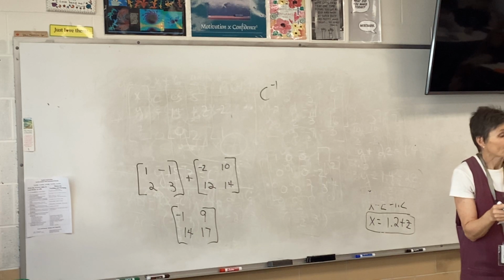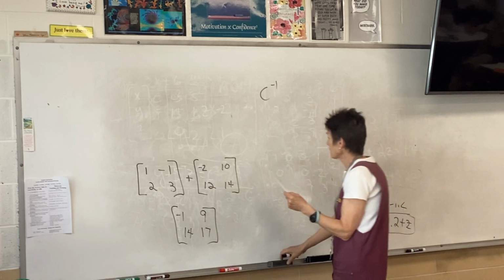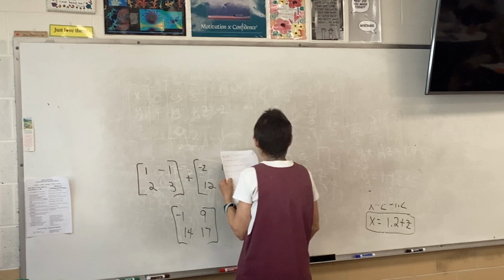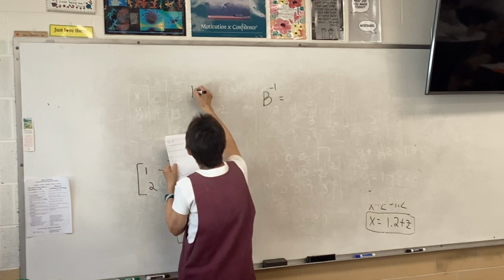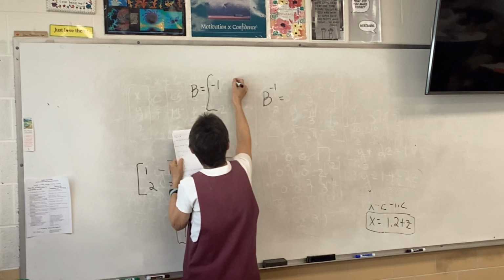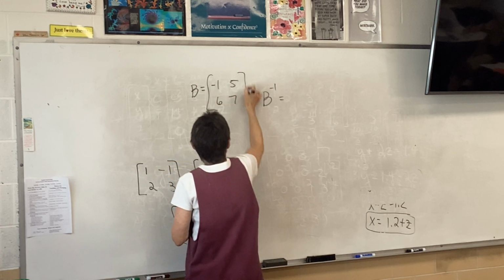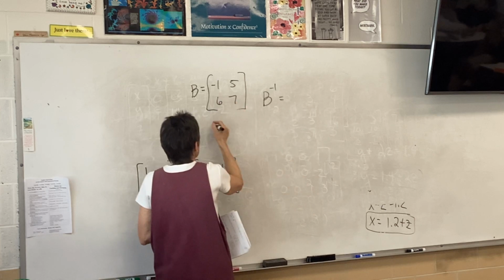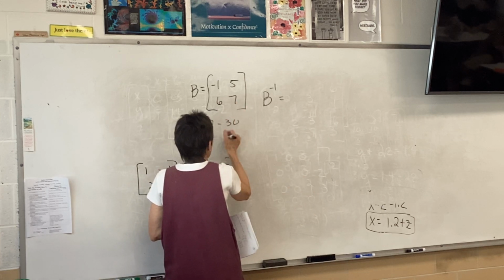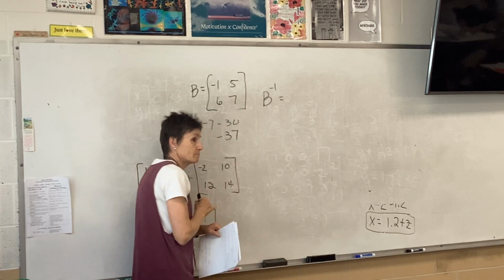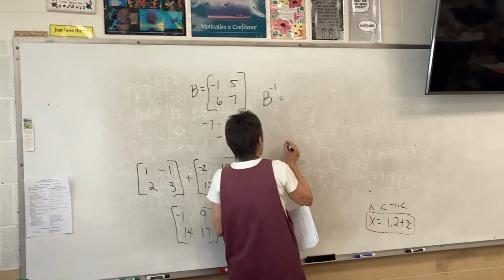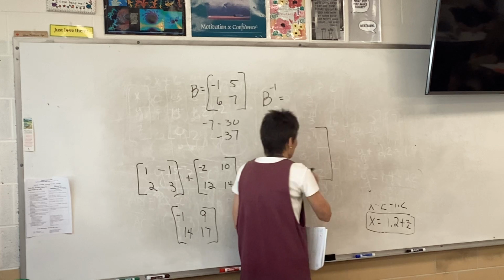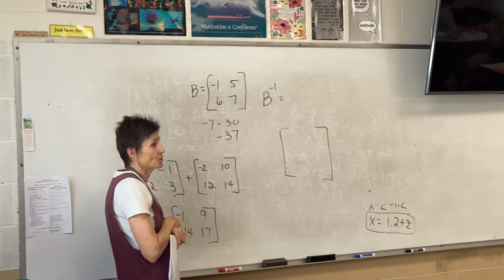All right, what about B? We already did one of these though, Kara. We're finding the inverse. How do we find the inverse of a matrix? Find the determinant of the original, which would be negative 37. Then we're going to take our original matrix and make some changes to it.